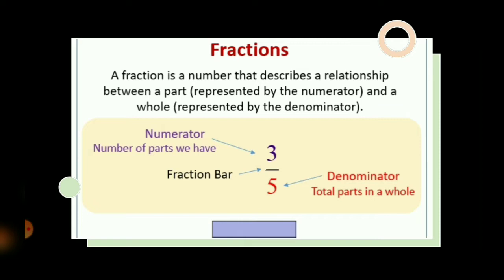I have completed 5 upon 10, or half of it. So 5 upon 10 is a fraction. From 10 you have completed a part of 5, so that is the numerator, the number of parts you have, out of the total parts, that is the denominator. The numerator is the top number, the denominator is the bottom number, and the bar in the middle between them is called the fraction bar.